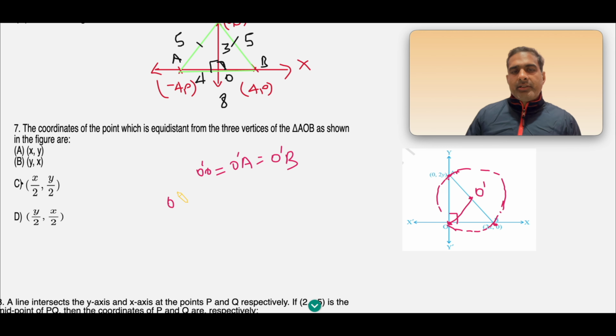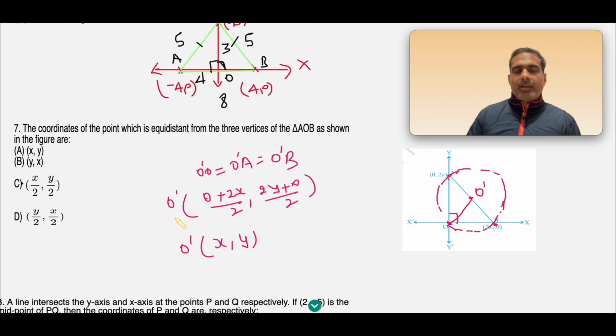So coordinates of O dash will be given by (0 plus 2x) by 2 and (2y plus 0) by 2. So we can say its coordinates will be 2x by 2, that is x, and 2y by 2, that is y. So x comma y is a point which is equidistant from all the three vertices of the triangle. I hope this would be clear.